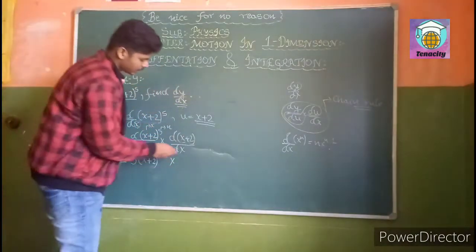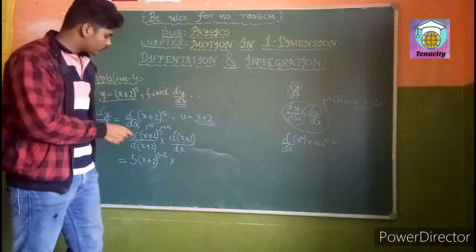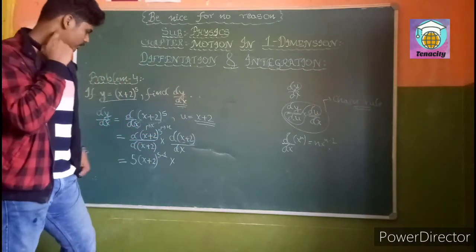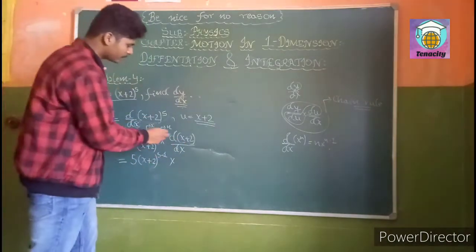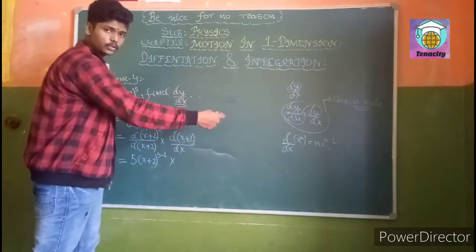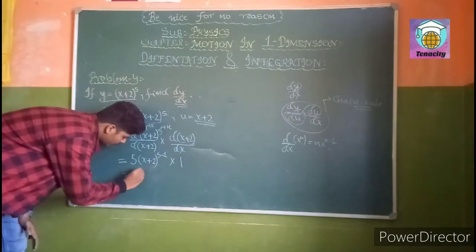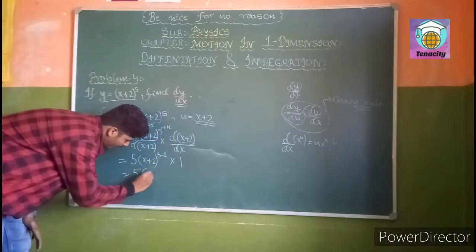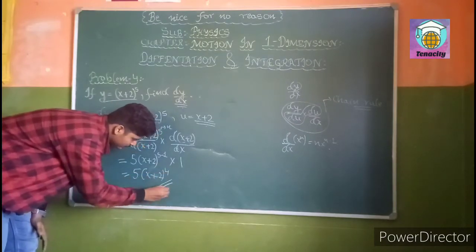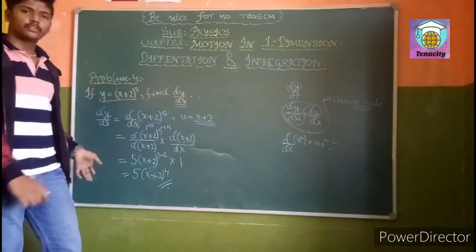You would do it by the u plus v method, but as we know this, dx by dx is cancelled and it will be 1 plus 0. So it will be 1. So 5 into (x plus 2) to the power 4. This is the answer for this problem. I hope you are clear with this.